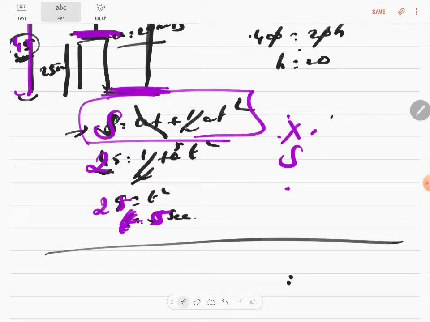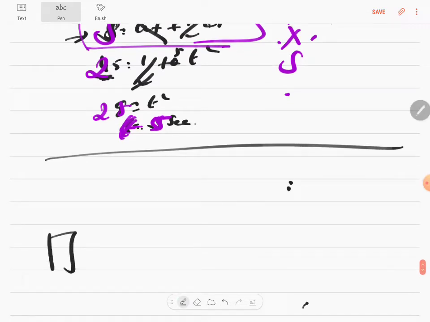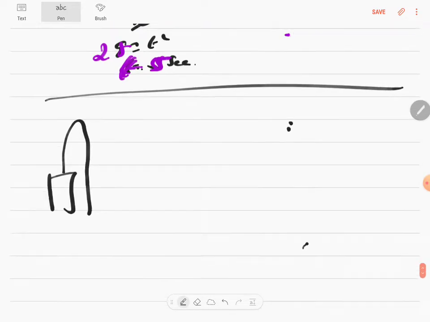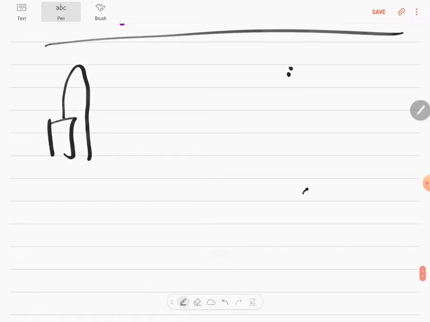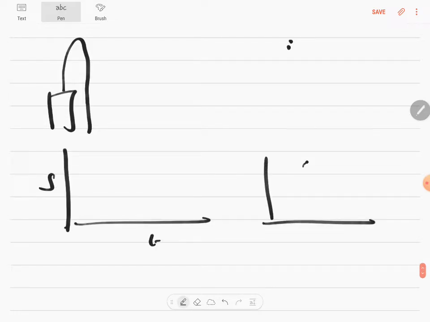Next question is, draw a trajectory. Trajectory, see, you know how it is. From this building he is throwing and it's coming like this. Draw a trajectory means they are asking you to do a graph. So I can do a speed time graph or a velocity time graph. If I do a velocity time graph, I have to extend it because velocity can be negative. Speed time cannot be negative.